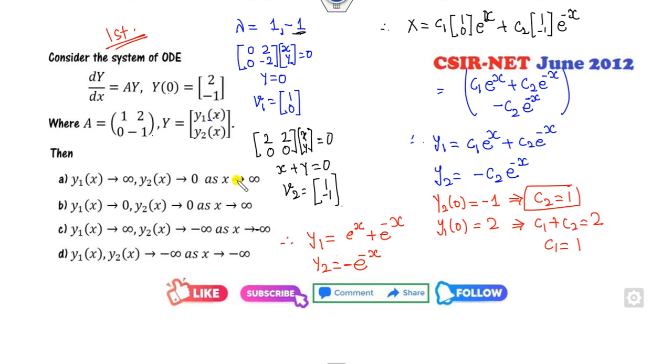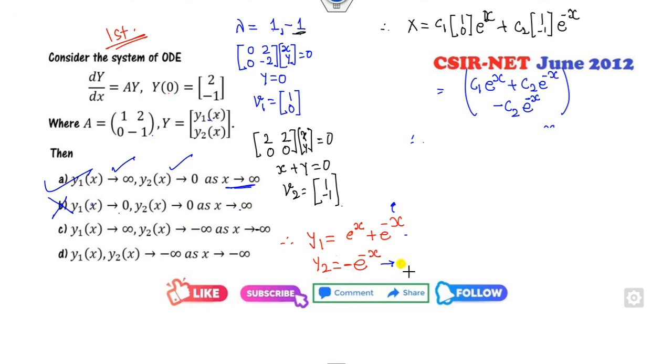Now look at the options. As x approaches infinity, this number goes to 0, this number goes to 0, this goes to infinity. y1 infinity, y2 0, correct. As x approaches infinity, y1 goes to 0, wrong. As x approaches minus infinity, the first one, this is 0, this is infinity, so the whole term will be infinity, fine.